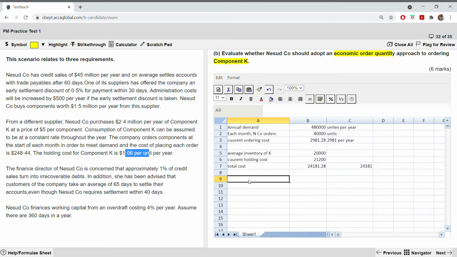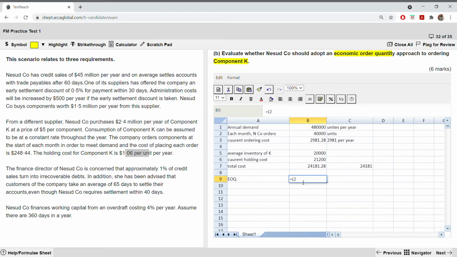Economic order quantity, the short form is EOQ. You can use EOQ, it's understood. You can keep the formula in front of you and see.